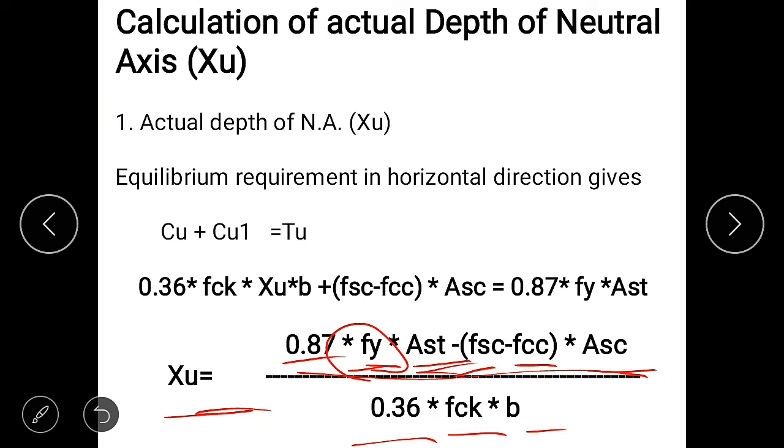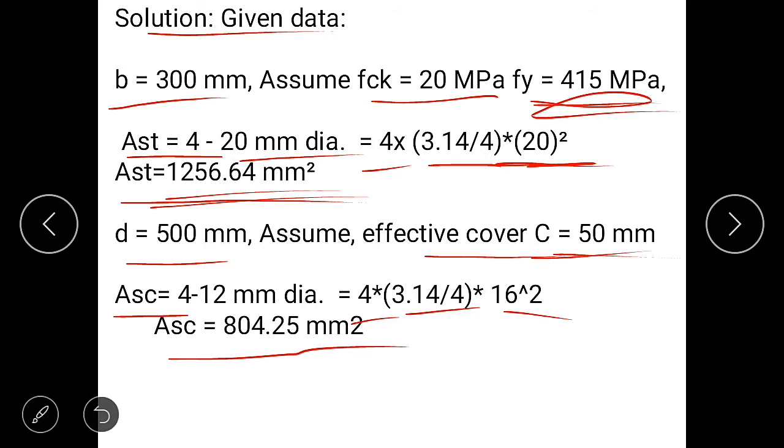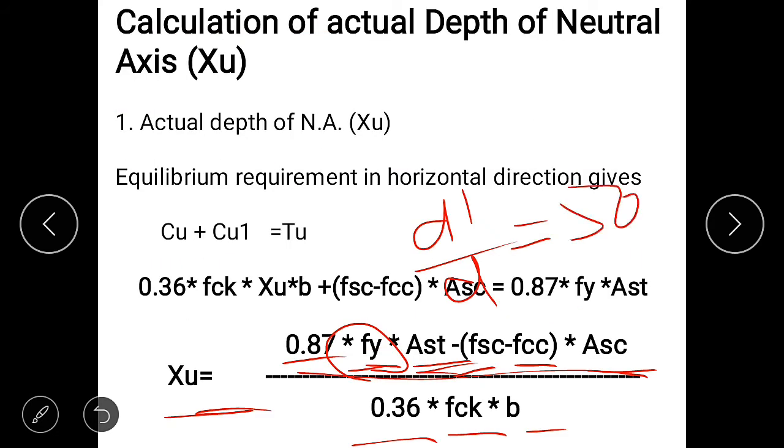How to get the value of FSC? The FSC value is taken from a table. For our grade of steel, 415. Take the ratio D dash divided by D. Our cover is 50 divided by our depth 500. So 50 divided by 500, our ratio is 0.1.